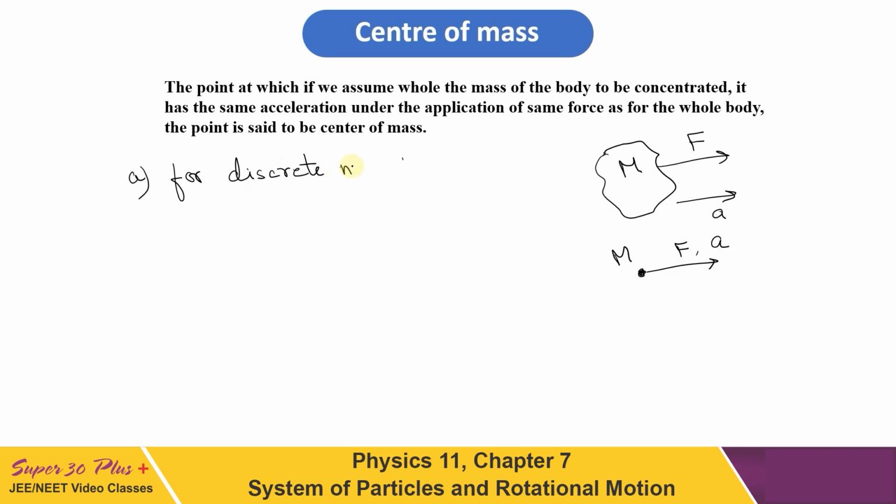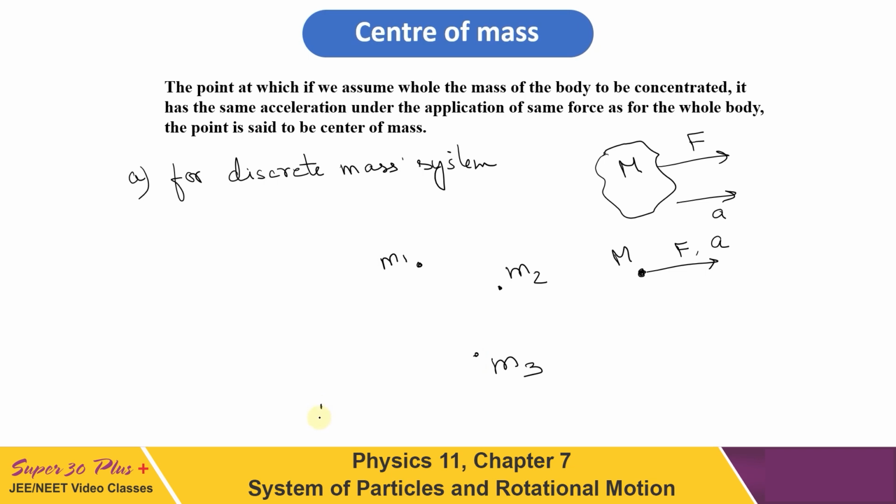So for a discrete mass system, let this be our discrete mass system. Here is a point mass m1, here is another mass m2, here is another mass m3. We have to write the center of mass of this system. Of course, to locate a position, there must be some reference.